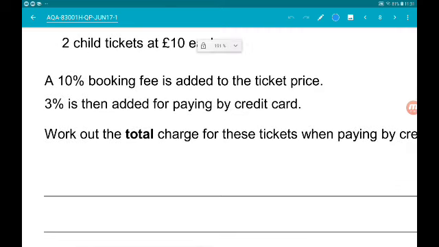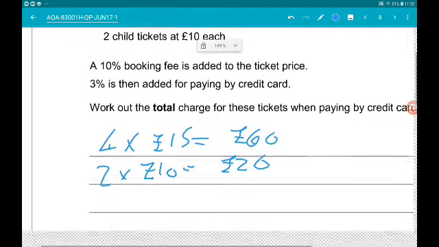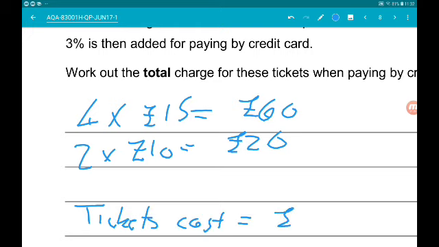So 4 times 15 is, well, 4 times 10 is 40, 4 times 5 is 20, so that's going to give us 60. And then 2 times £10 is £20. So the total cost of tickets is £80.